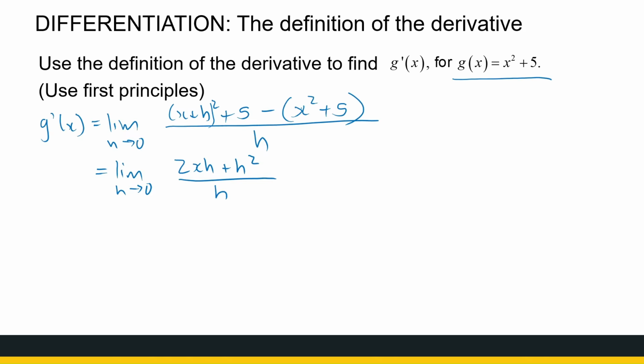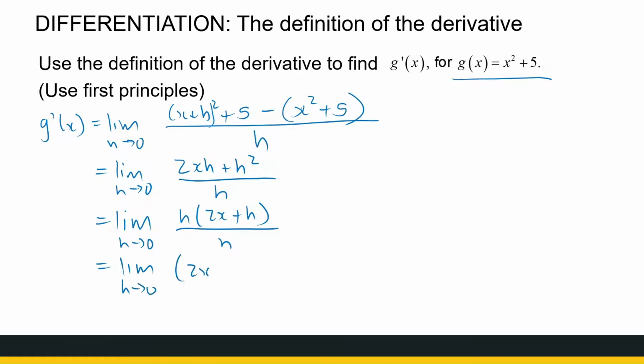All right, now we can take h out as a common factor. So we've got h times 2x plus h over h. And that limit is then the same as the limit as h approaches 0 of 2x plus h. So now h is approaching 0, so 2x plus h approaches 2x. And that's the derivative of g.